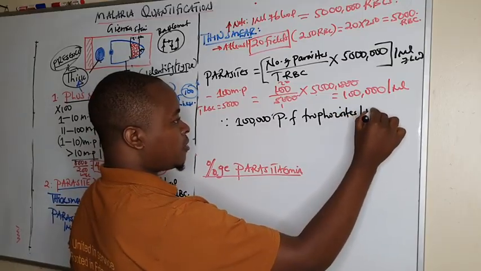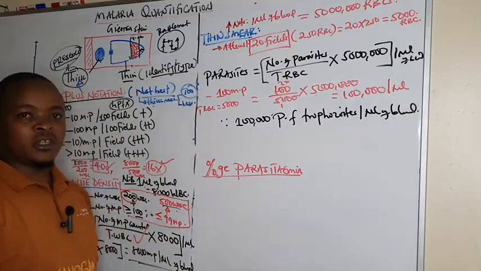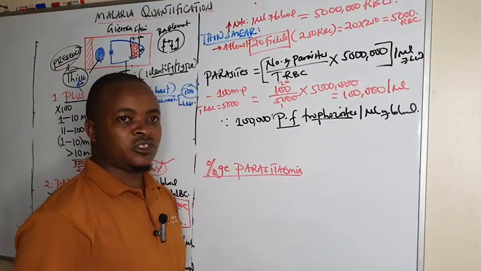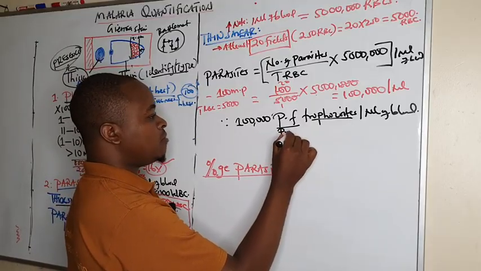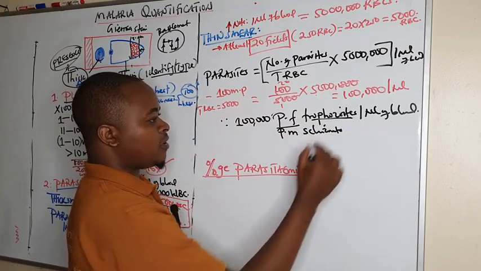So this is how we report. You report the species and the stage. If it was schizont, you can say maybe Plasmodium malariae schizonts per microliter of blood.